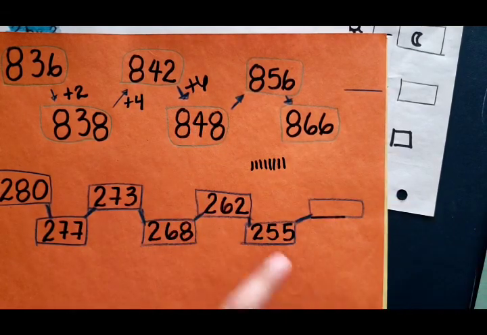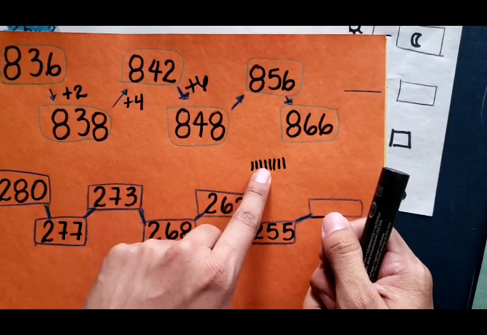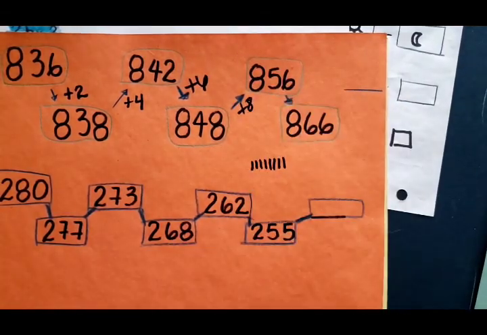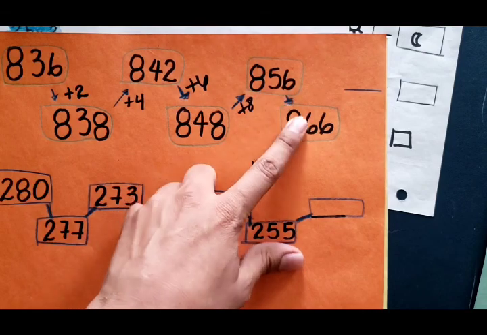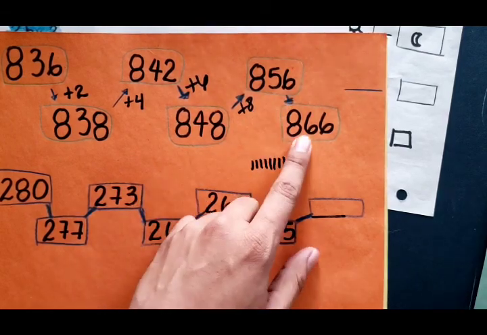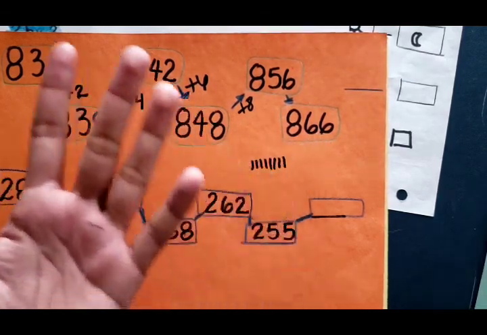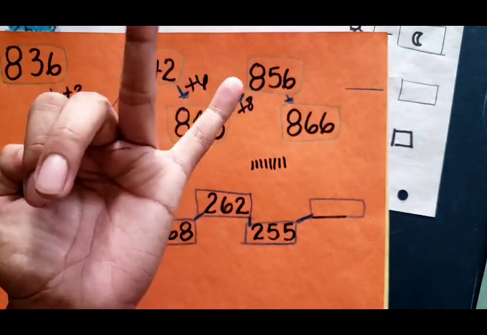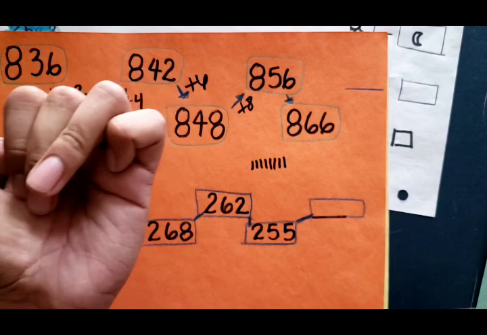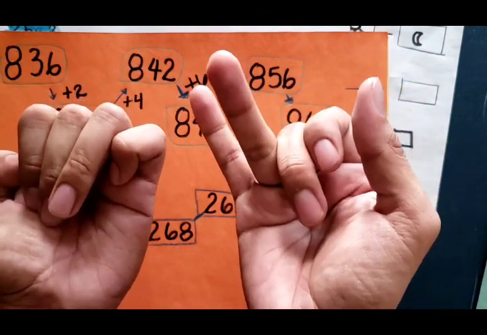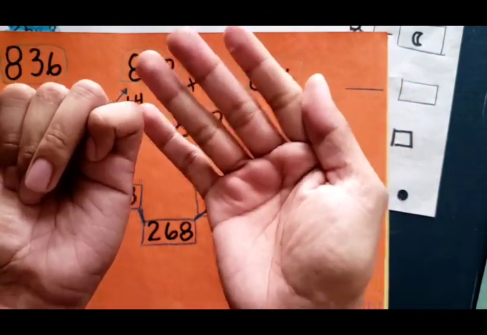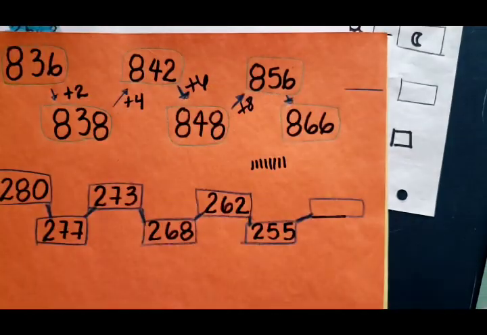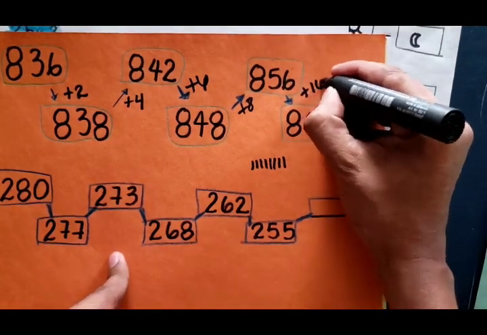And then you can count it if you want. 1, 2, 3, 4, 5, 6, 7, 8. Oh, it's plus 8, mister. And so the same we're going to do with the last one, 156, 166. 56, 57, 58, 59, 60, 61, 62, 63, 64, 65, okay, 66. It means that plus 10.